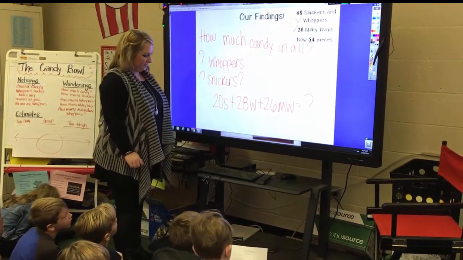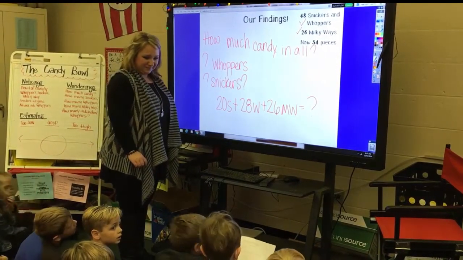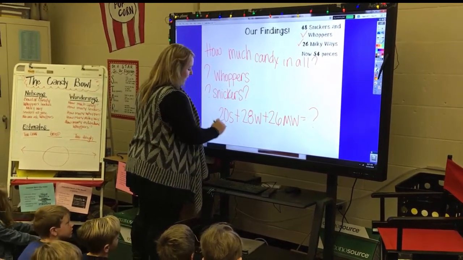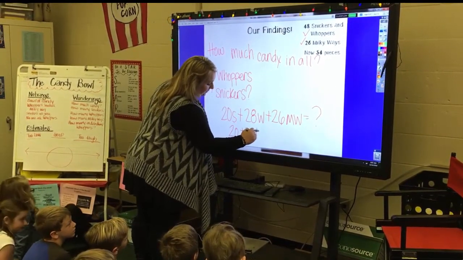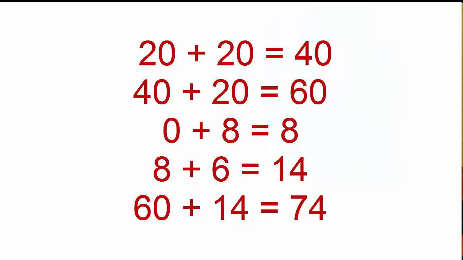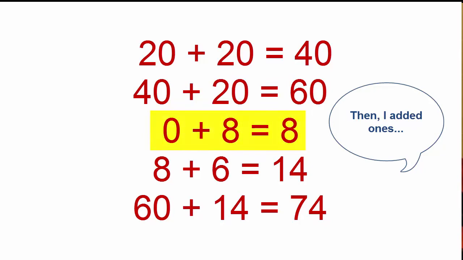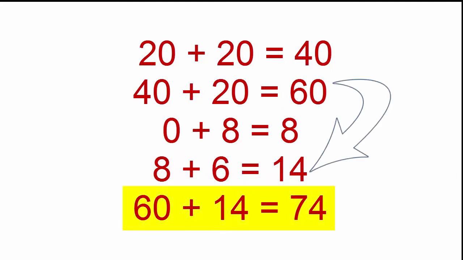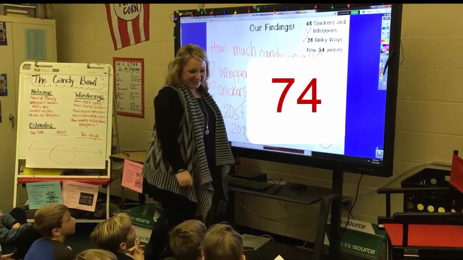Well, I don't know what to call it, but anyway, I did 2 plus 2. 74. And what was your estimate? 74. So you're pretty close, aren't you?